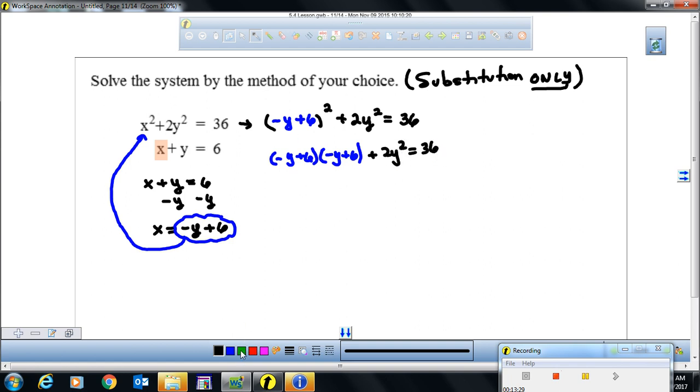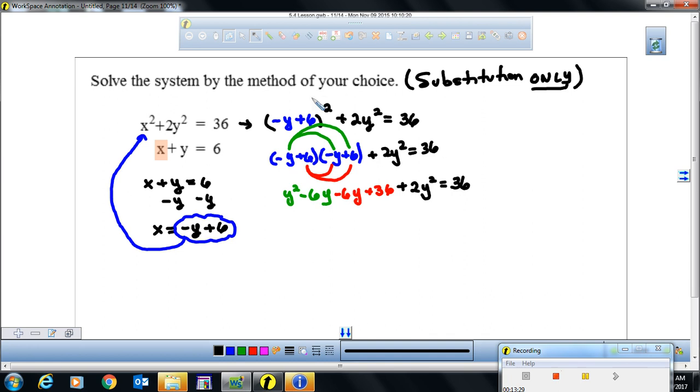So if I distribute these two parentheses, negative y times negative y is positive y squared. Negative y times 6 is negative 6y. Then 6 times negative y is negative 6y. And 6 times 6 is positive 36. Then we're going to add the 2y squared and equal to 36. What else can we do?